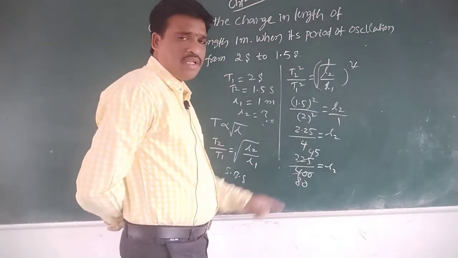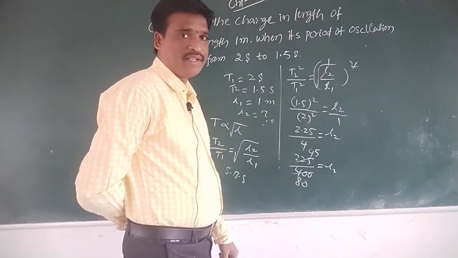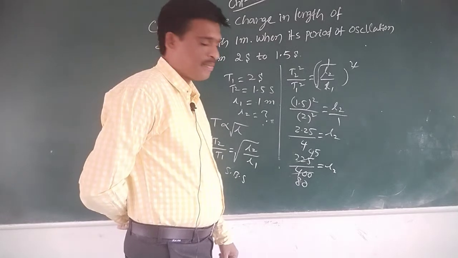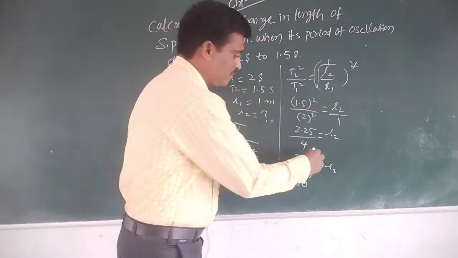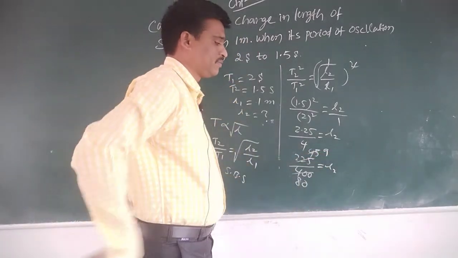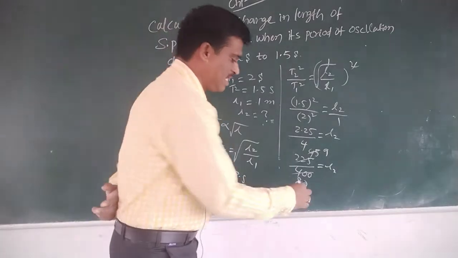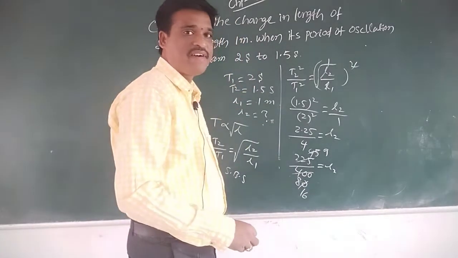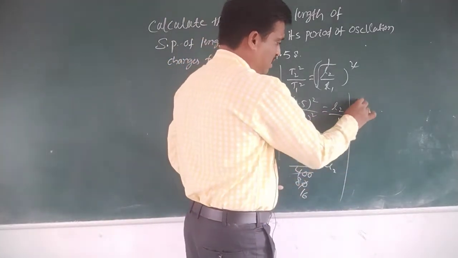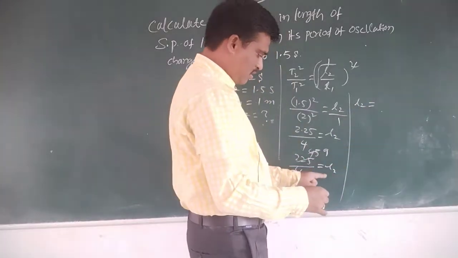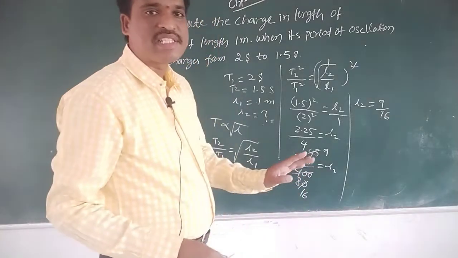Next, 9. Okay, 5 9s, 5 16s. Okay, now next here L2 is equal to what? L2 is equal to how much? 9 by 16. 9 by 16 centimeter L2.